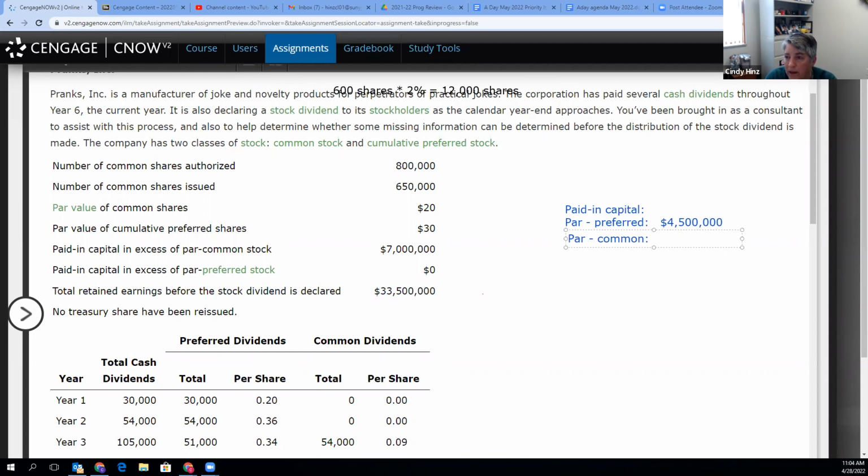And so we have 600,000 shares that are still outstanding at $20 par value. So that's a total of 12 million. I wish my calculator would put commas in there. And then we have some paid in capital in excess of par, and that is the 7 million.